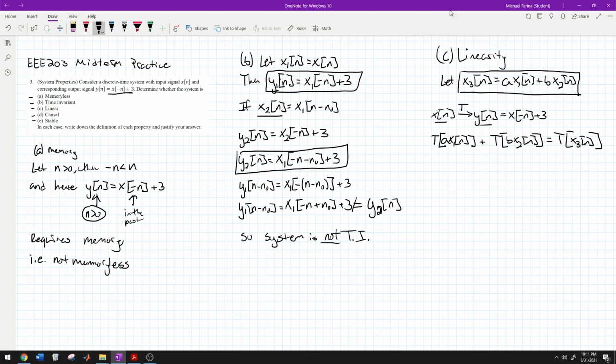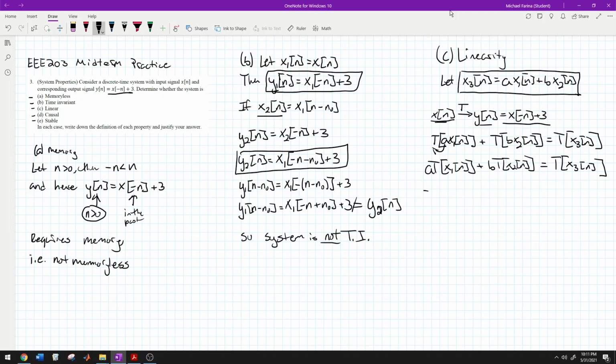And because this is linear, we can take these constants out, put them up front, so we'll have a T x1 of n plus b T x2 of n, and that equals T x3 of n. And now we're going to apply our transform by swapping out x of n right here for what we get on this side.